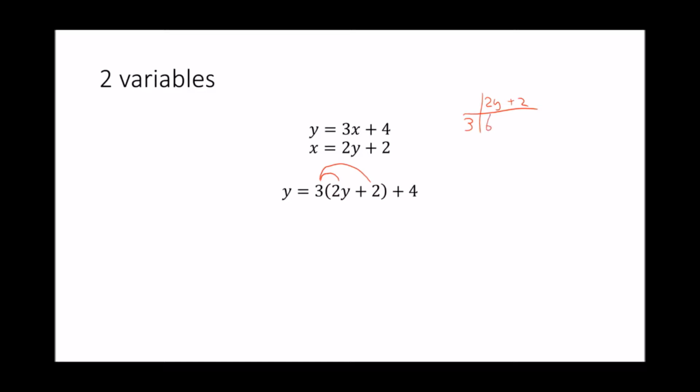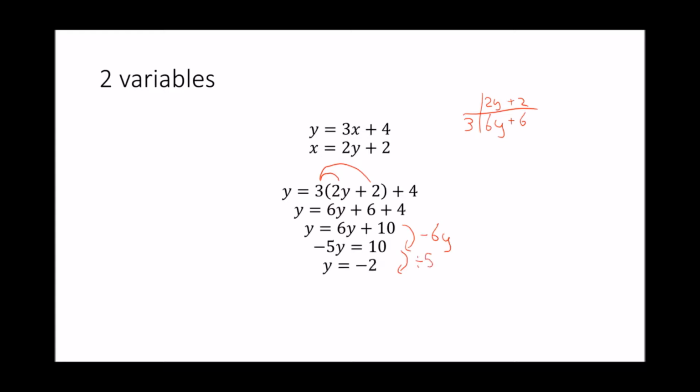In both cases you find 6y plus 6, so y equals 6y plus 6 plus 4, or shortened 6y plus 10. Now it's simply a matter of solving this using the balance method. So we first do minus 6y to get minus 5y equals 10, and then we divide by 5 to get y equals minus 2.